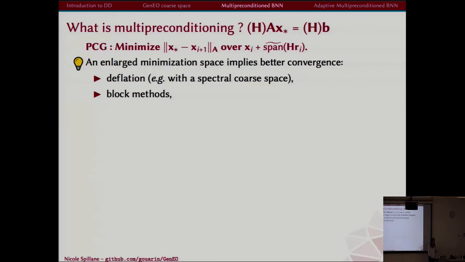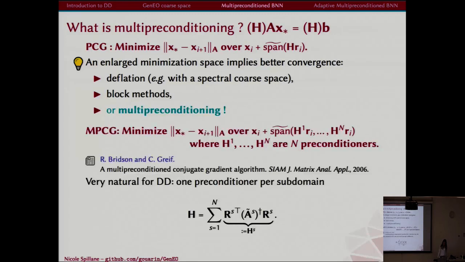Another way of enlarging the minimization space is to use the block Krylov subspace methods. You've probably heard of block CG, and multi-preconditioning is a different approach. With multi-preconditioning, instead of having one preconditioner H, we assume that we have n preconditioners, numbered H1 to Hn.